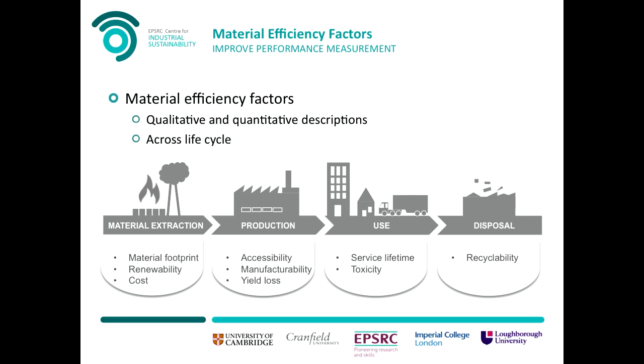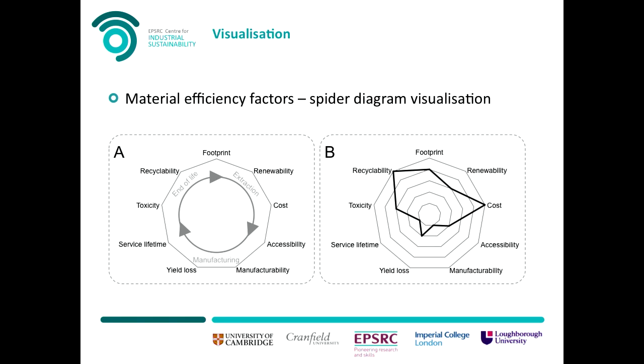So these balance qualitative and quantitative descriptions across the life cycle. And you can see that there are 9 different factors that we came up with that go across the life cycle. Conveniently, these can fit onto a kind of spider diagram for visualization, and this gives you a quick idea of the performance of a material within a product.